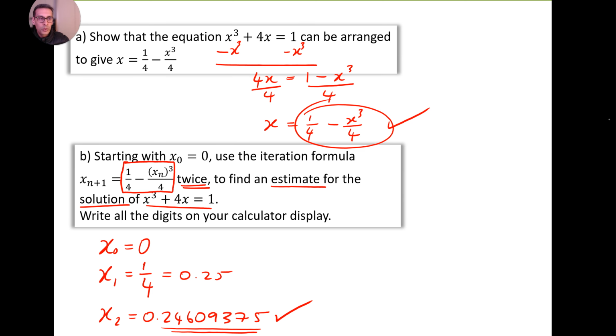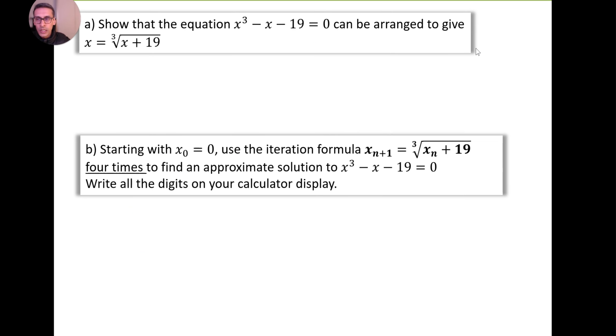So let's try another example. Pause the video here and have a go, and then I'm going to go through this in detail. Okay, pause if you need longer. Now, we are going to show this equation can be rearranged. I can see I've got a cube root here. I've got positive 19, so I'm going to add x and add 19 to the right hand side as well.